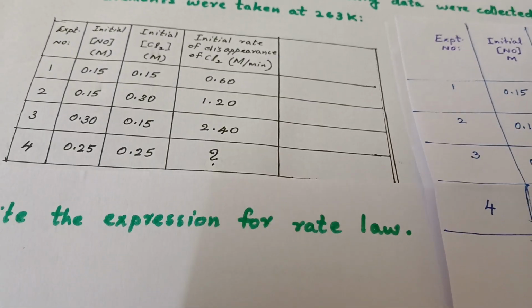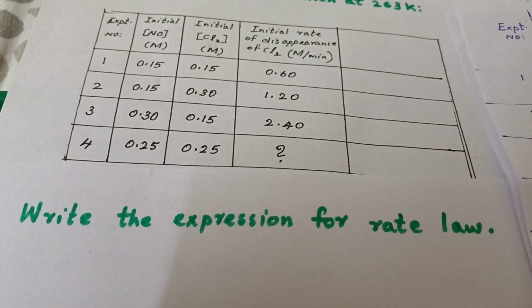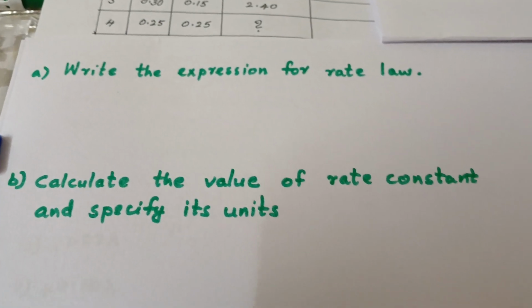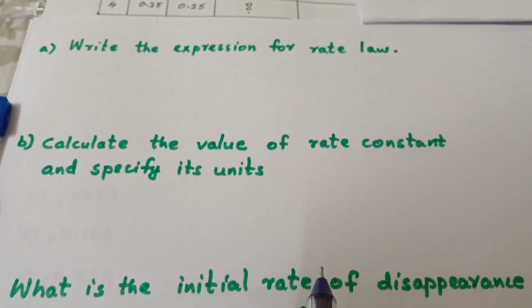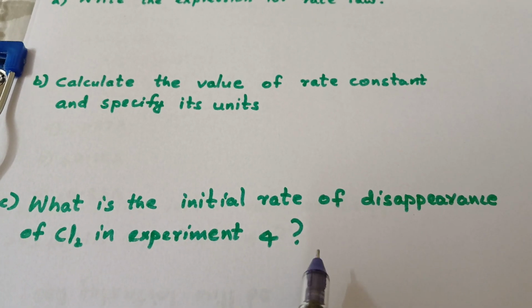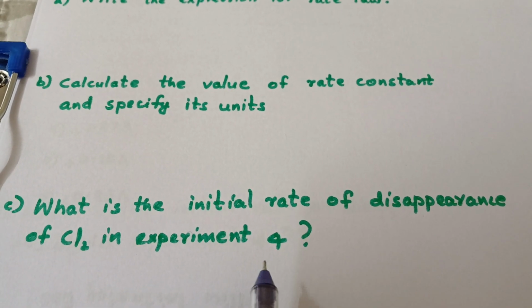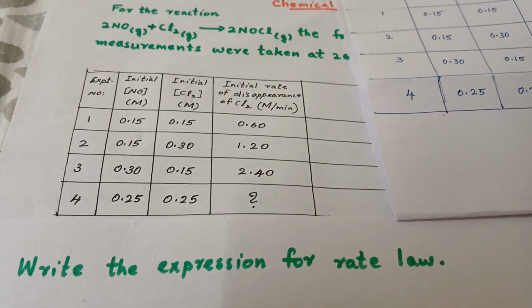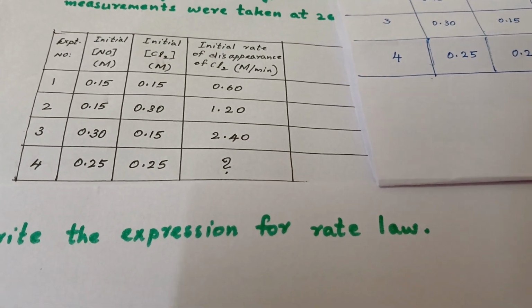Now we are asked to write the expression for rate law, then calculate the value of rate constant and specify its units. What is the initial rate of disappearance of Cl2 in experiment 4? First, write the expression for rate law. Let us see how to do that.